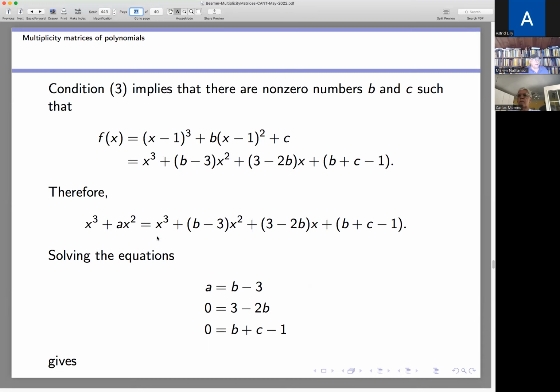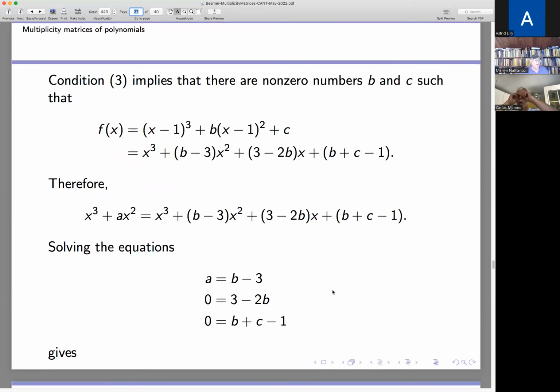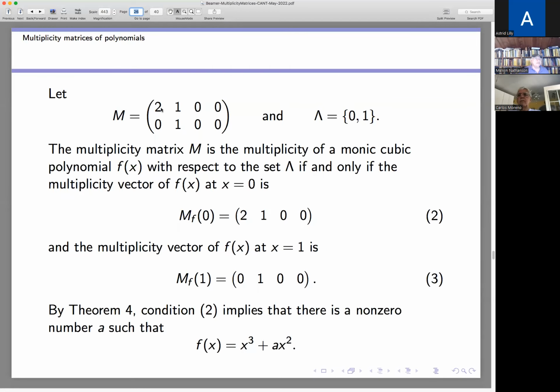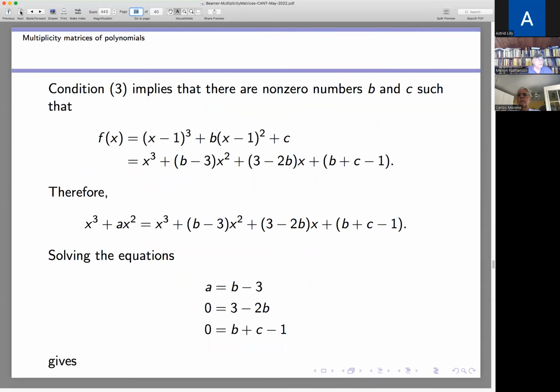So you multiply this out, and you have a polynomial of this form, which has to be a cubic polynomial of this form. When you equate the coefficients and solve for a, b, and c, you actually get some numbers. So in fact, there is a unique monic cubic polynomial which has this as its multiplicity matrix.